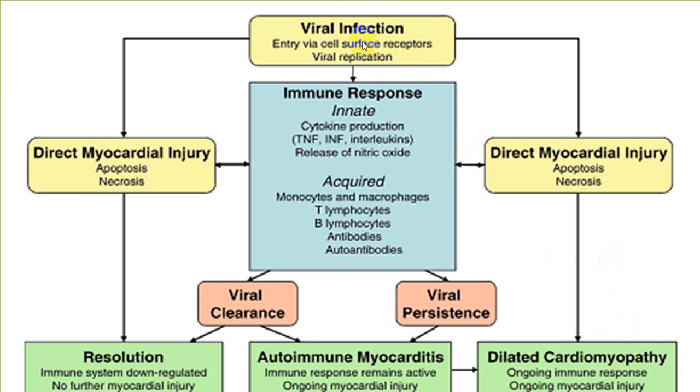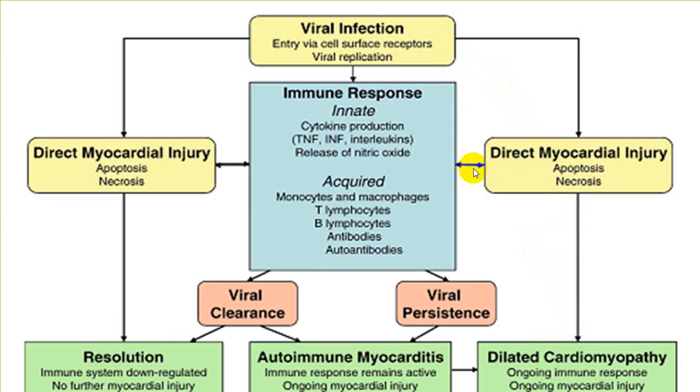So viral infection will result in direct myocardial injury, which pathophysiology wise is apoptosis and necrosis, and resolution can take place because of down regulation, and there is no further myocardial injury. Or because of apoptosis and necrosis, it can end in ongoing immune response, ongoing myocardial injury, and dilated cardiomyopathy.